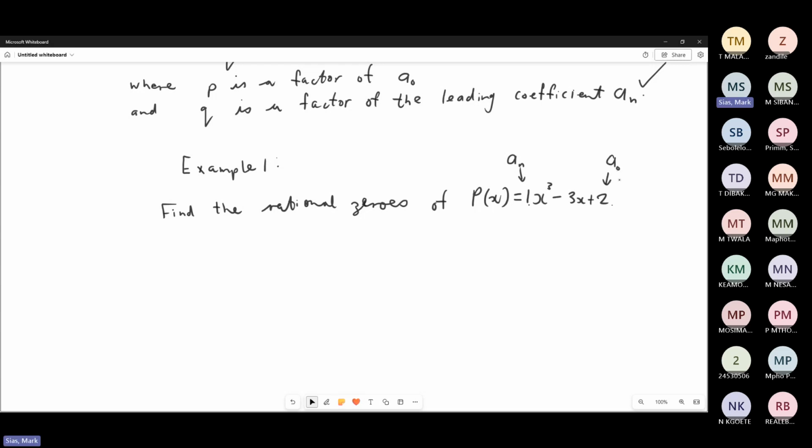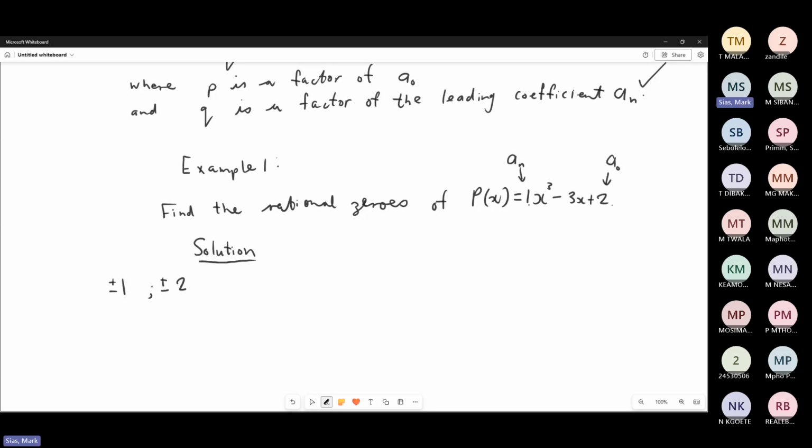And we have to look at the factors of 2 and the factors of 1, okay? So the solution of this goes as follows. So 2 has factors plus or minus 2, and it has factors plus or minus 1.